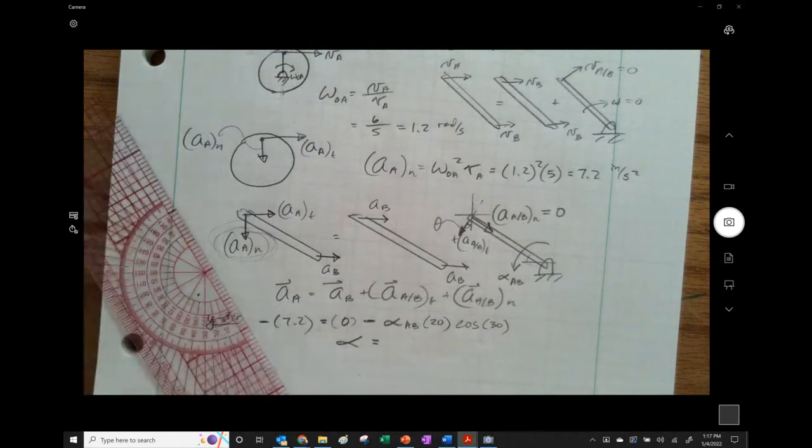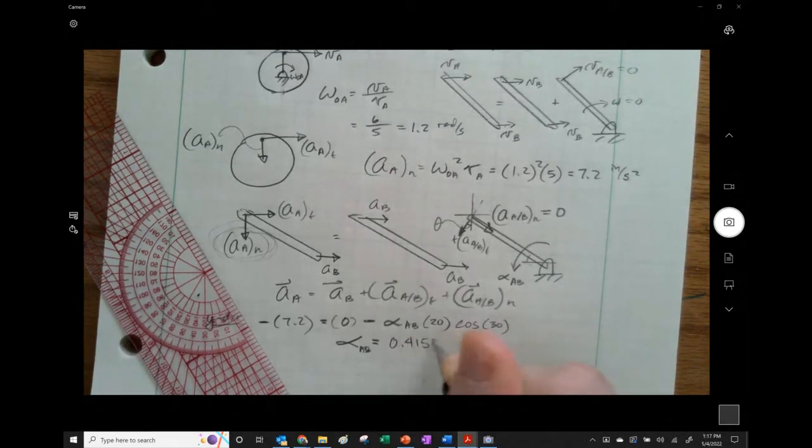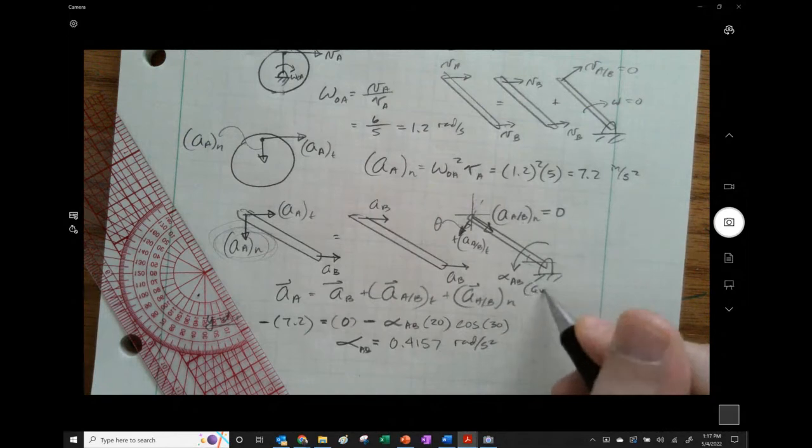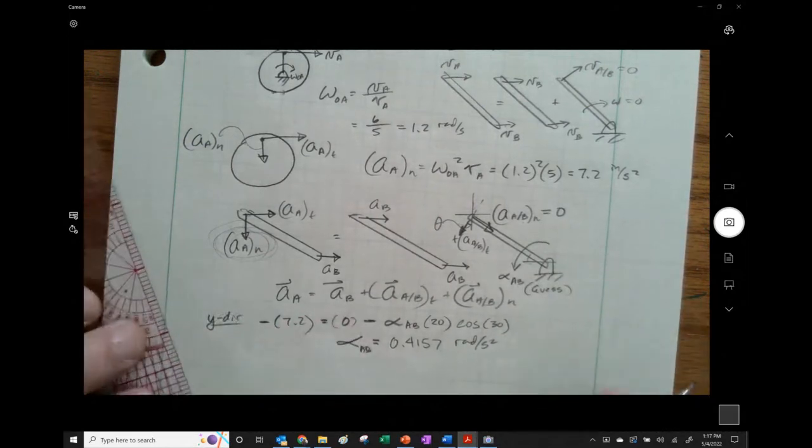And so we will get the alpha AB is going to be 7.2 divided by 20 and divided by the cosine of 30. And so we should get 0.4157. And it's positive. So this guess that we made up here was the correct guess, that it was counterclockwise.